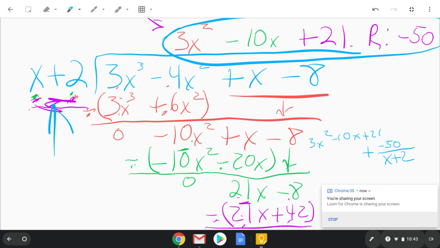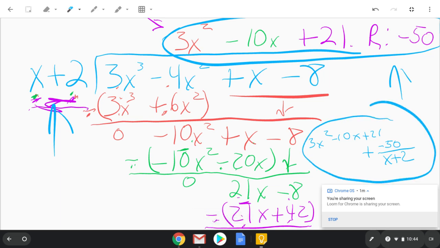Okay, so you're going to see both formats whenever you go to do your assignments. So this could be your answer, the remainder negative 50, or this could be your answer. At the tail end, they would put plus negative 50 over x plus 2. Or they could just say minus 50 over x plus 2. Okay. All right, on to our next example.